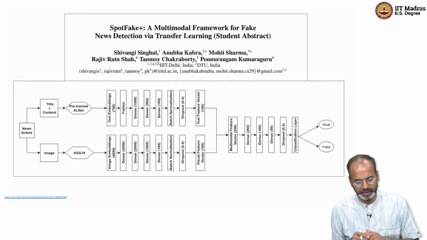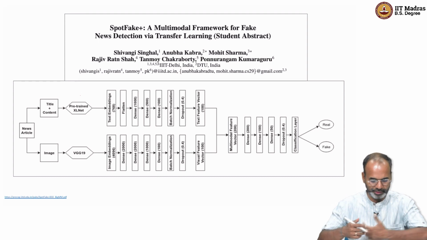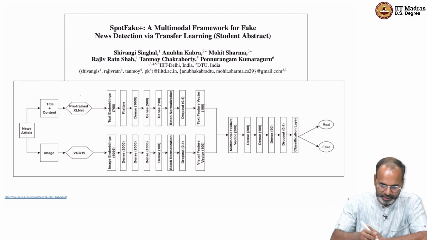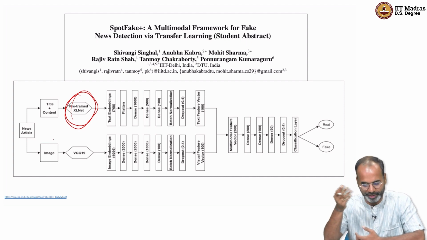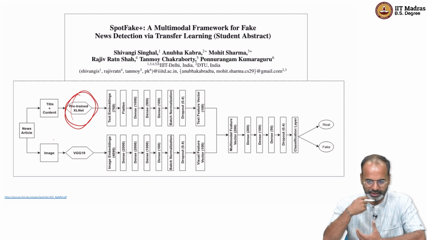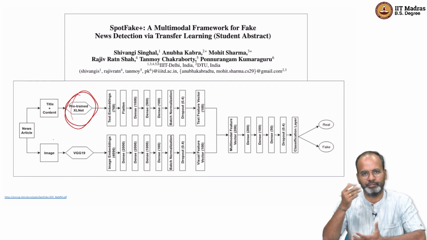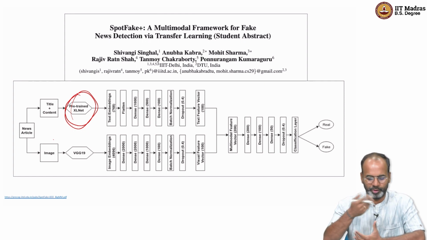We also enhanced this with pre-trained XLNet and improved the way that the framework was designed earlier in SpotFake and made the method detect, given content which is multimodal, better than SpotFake.